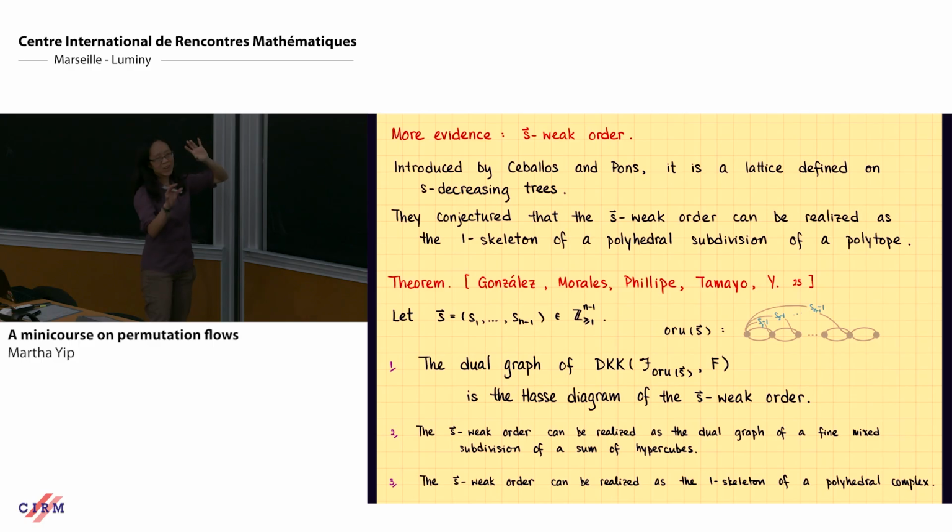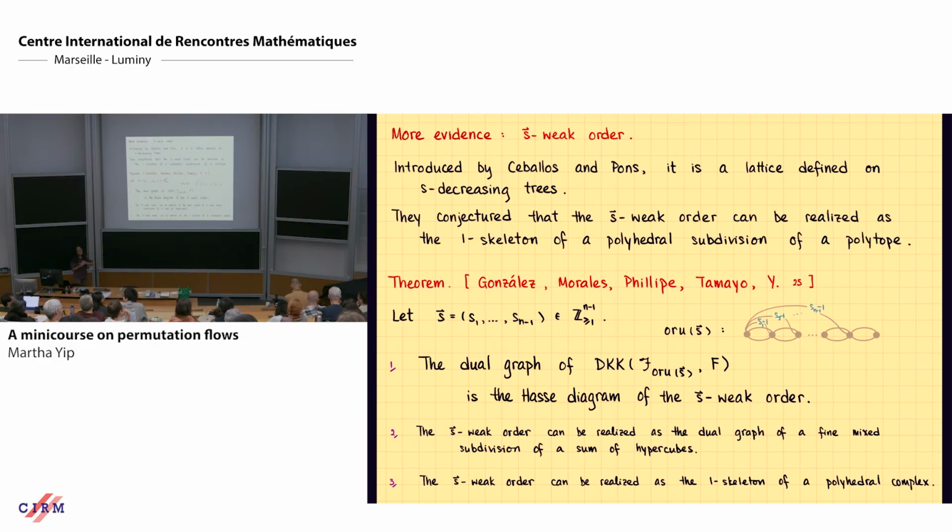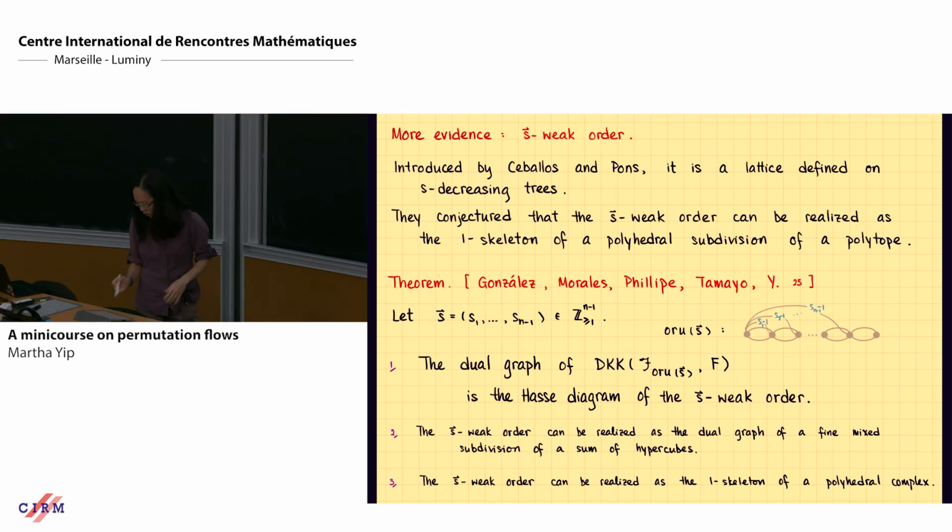At some point, I read something that was s-increasing. But some kind of tree. It's a generalization of binary trees, and they conjectured that the s-weak order can be realized as the one skeleton of a polyhedral subdivision of a polytope.